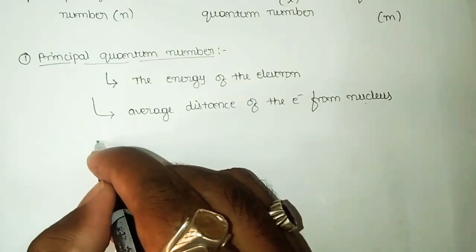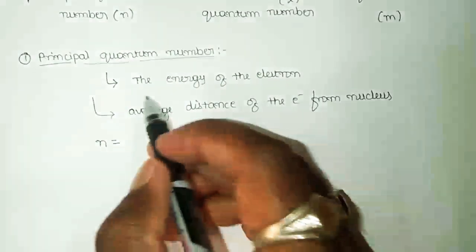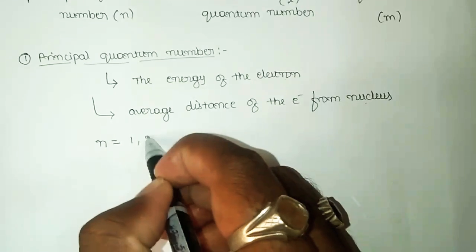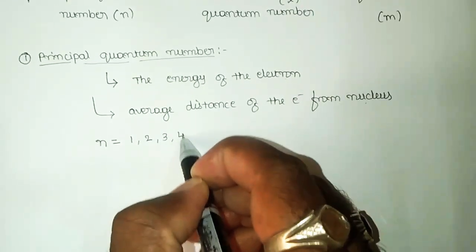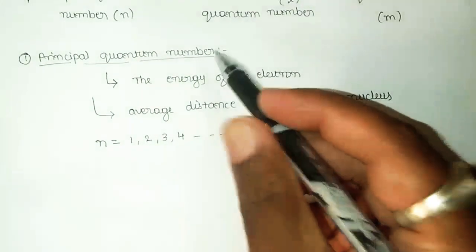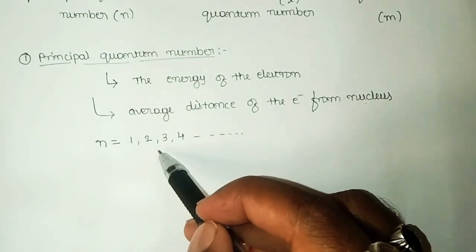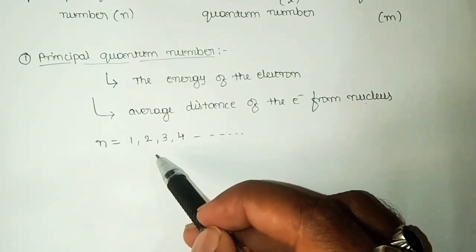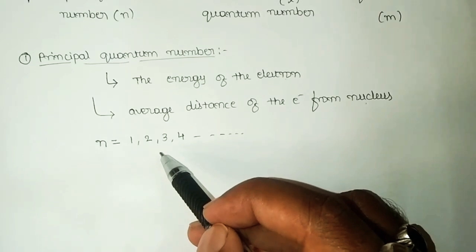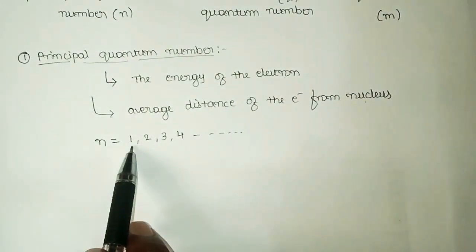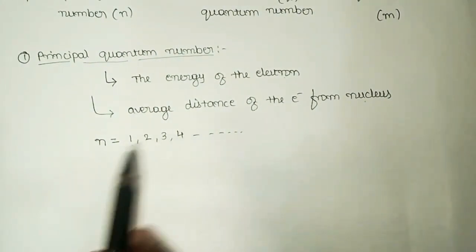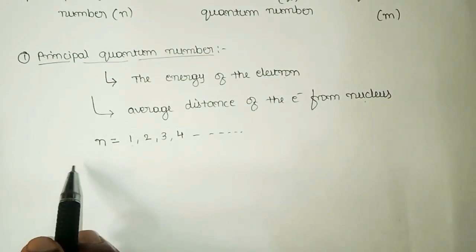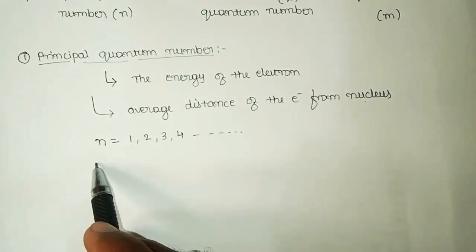The principal quantum number n can take the values 1, 2, 3, 4, and so on. That is, it can always take integral whole numbers and no fractional value can come. Each value of the principal quantum number accounts for one stationary state, which we also call an orbit, or a shell.